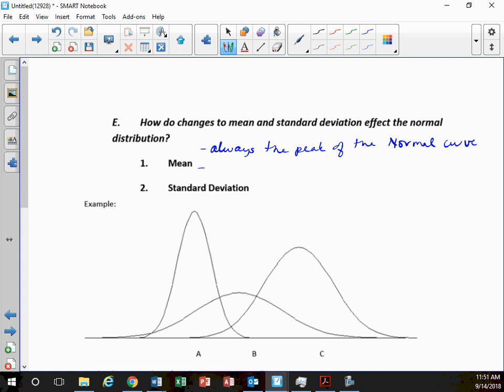Like if the average and the mean increases, what happens if it stays normally distributed? Yeah, it's a shift. So we could say changing the mean results in a horizontal shift or translation.